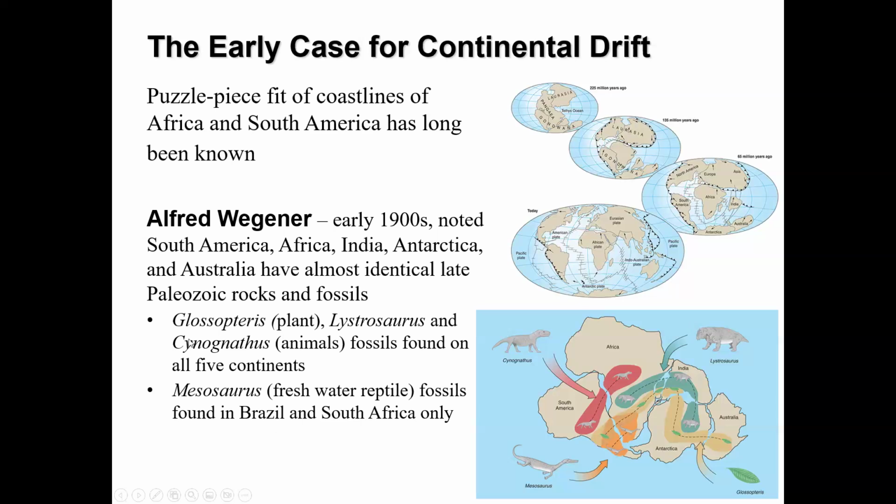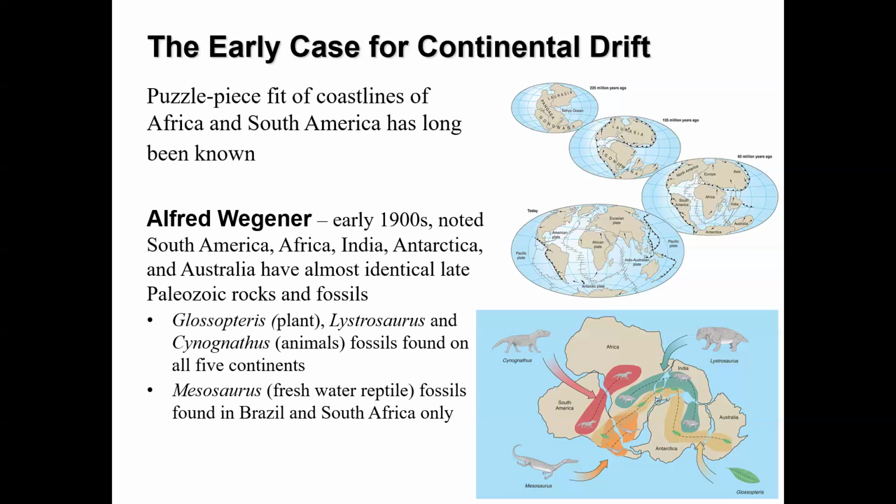But he looked at these fossils in particular, and additionally, the sequence of rocks that we find, especially across South America and Africa. We see the same sequence of rocks across these continents and the same fossils within that sequence.